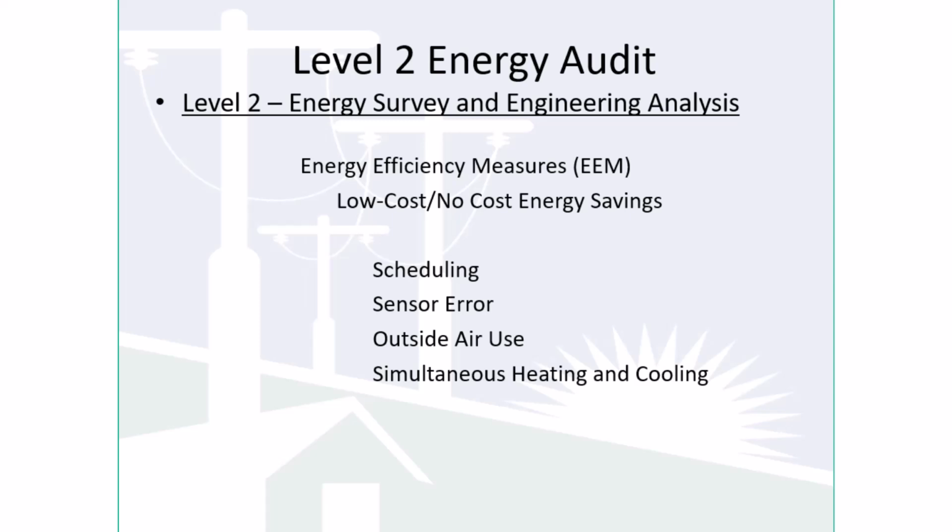The last opportunity that auditing engineers always look for is something called simultaneous heating and cooling. A lot of systems are designed to do exactly that, to cool and heat at the same time. Why would that happen? Well, VAV systems do reheat, and dehumidification systems.